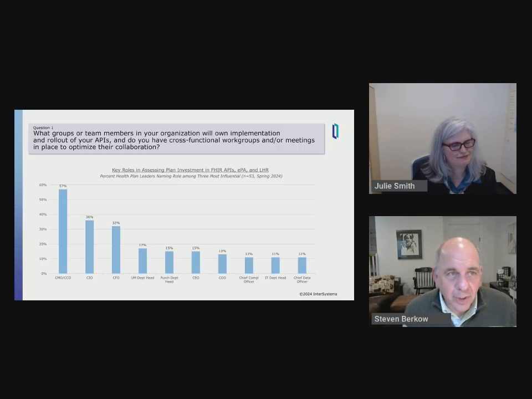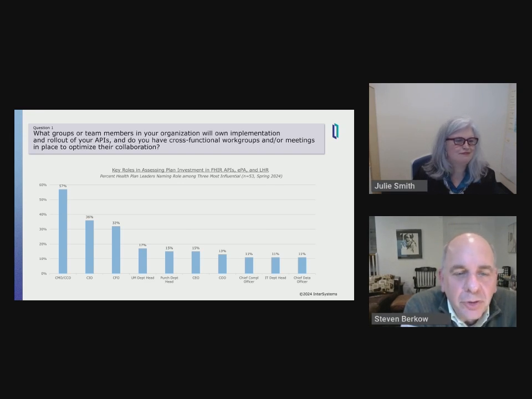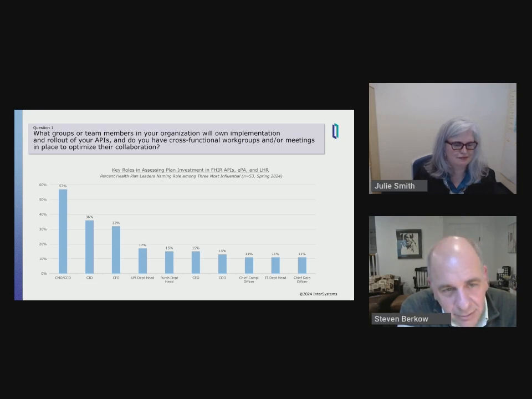And the first question up, question number 1: what groups or team members in your organization will own implementation and rollout of your APIs? And do you have cross-functional work groups and/or meetings in place to optimize their collaboration? What you see on this slide is just some data suggesting why this question is so important.